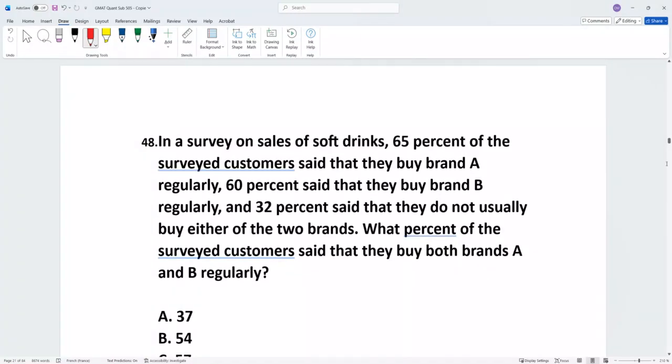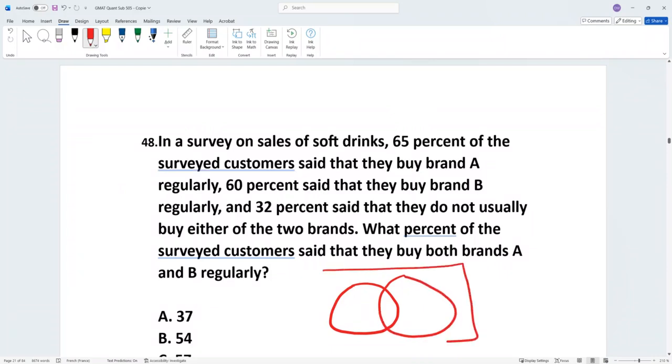So first of all, here I'm going to have this circle, this circle here, and put all of it in this square.